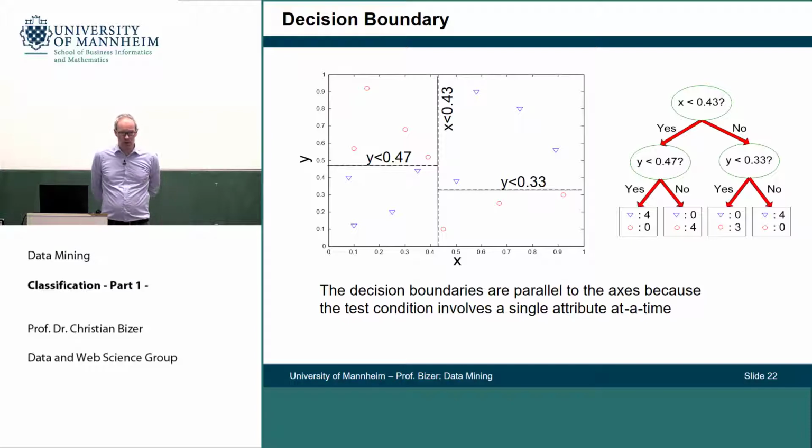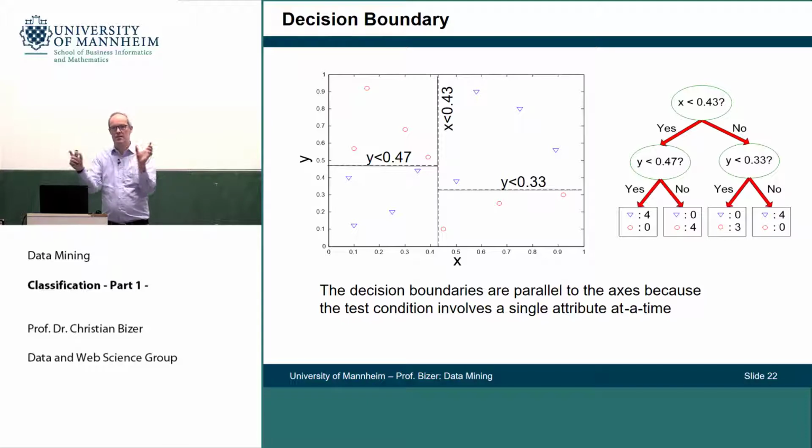Coming back to decision boundaries of these decision trees, they are always parallel to the axis, because we always only look at a single attribute at a time. So if we look at this tree here on the side, we first look at x and check if x is larger or smaller than 0.43.